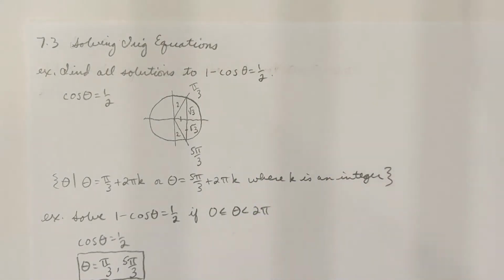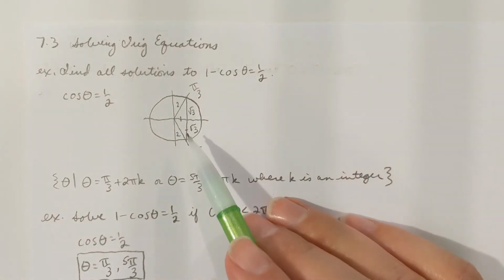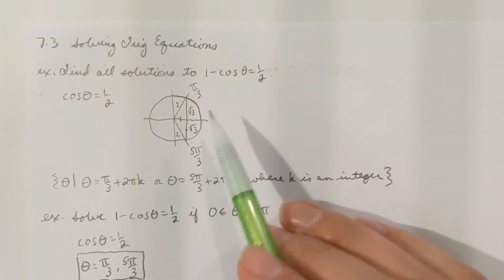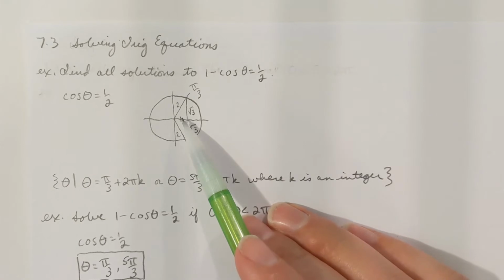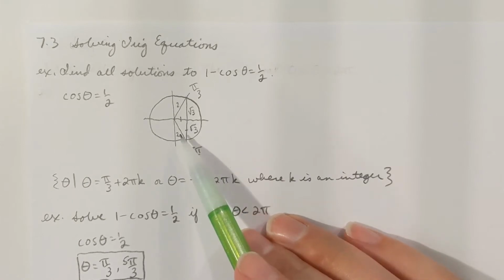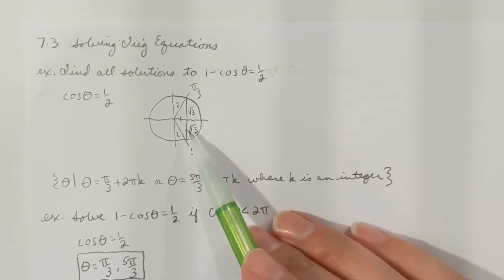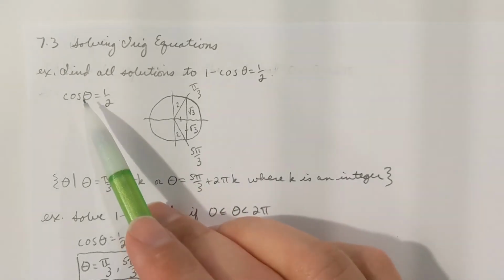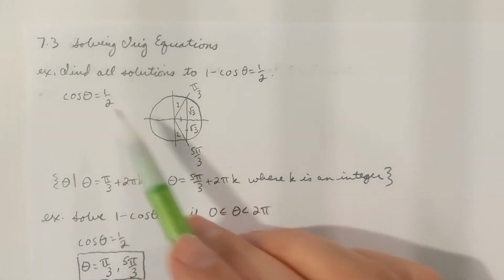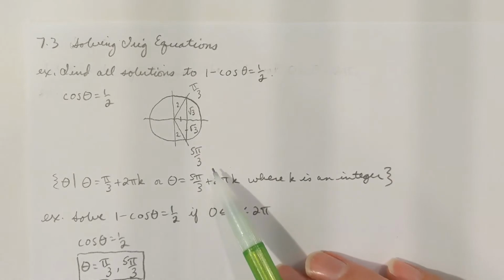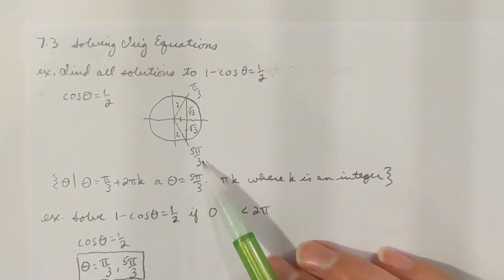Now, if I were to flip the triangle upside down into quadrant 4, the adjacent side is 1 still, the hypotenuse is 2, the opposite side is negative root 3, which I don't care about for cosine theta, since cosine theta is adjacent over hypotenuse, but that angle that we'd be talking about here would be 5 pi over 3.